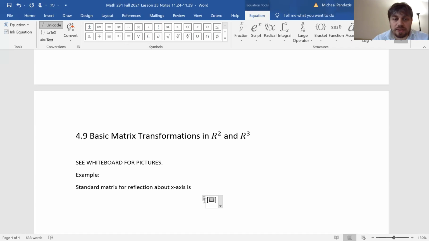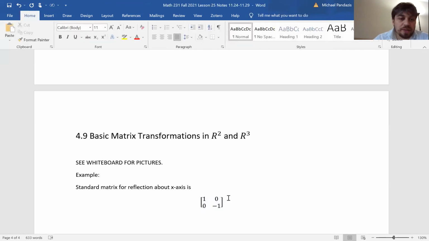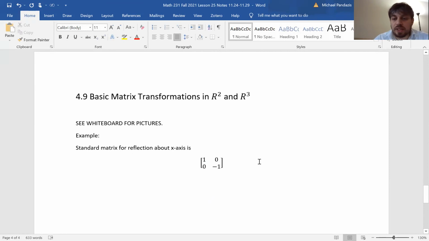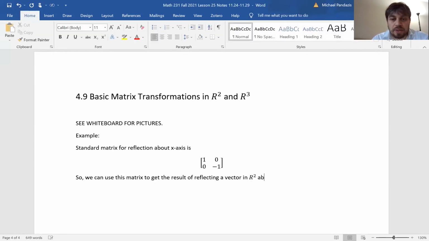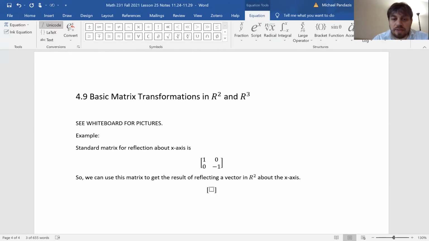Okay, so we found the standard matrix is this. Okay, that's the standard matrix for reflection about the x-axis. So we can use this matrix to get the result of reflecting a vector in R2 space about the x-axis. Okay, so let's say you have the vector.